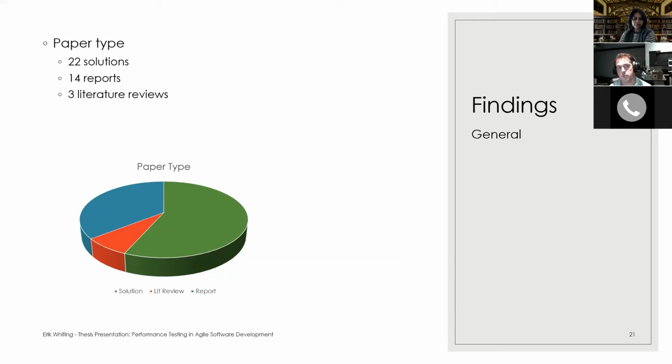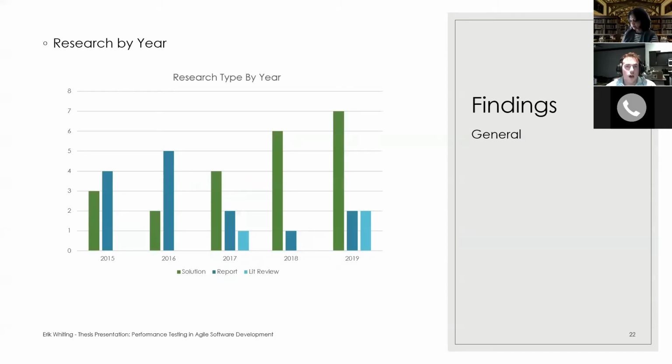But the majority of the papers were solution papers. They were papers that recognize that there are some challenges for performance testing in Agile, and these are solutions that these papers are proposing for those challenges. So it seems like solution papers are getting more popular in the last 4 years.